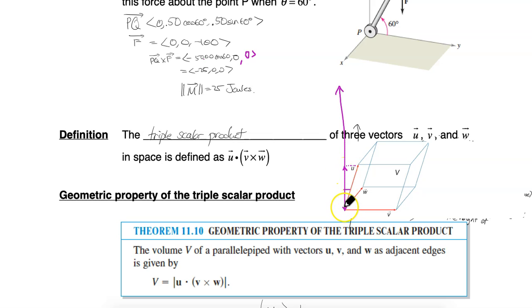If we multiply that with the magnitude of V cross W, which is the base, and the projection is equal to the height, we have base times height, and that yields the volume of the parallelepiped.